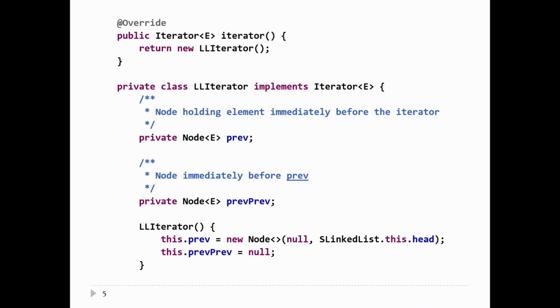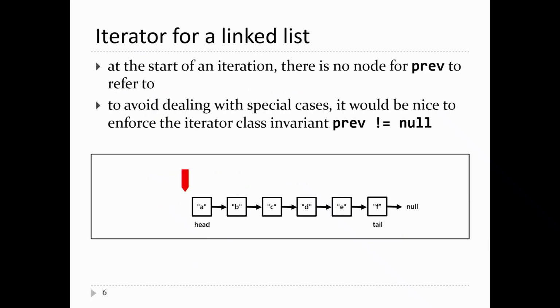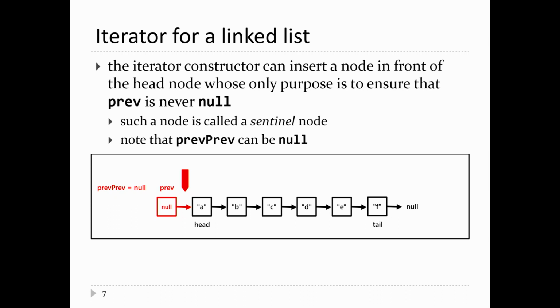Remember, this is an inner nested class, so it has access to the head node of the linked list. How do you get access to it? Well, it's LinkedList.this, whatever the name of the field is. Previous can be null, so that's fine. We'll go ahead and do that. This is called the sentinel node.